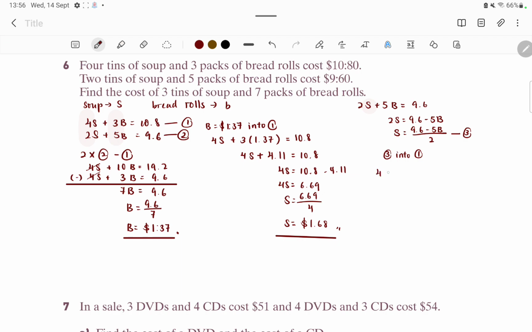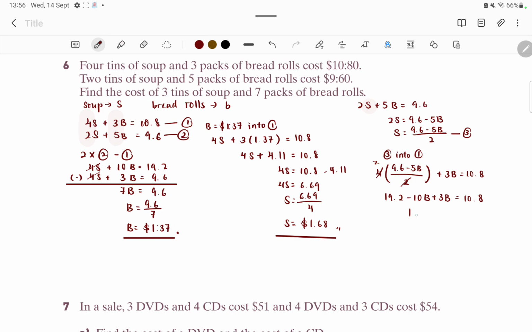After that, substitute this into the first equation. So (9.6 minus 5b) over 2 plus 3b equals 10.8, and then cut this 2, so 9.6 times 2, you should get 19.2, and then minus 10b plus 3b equals 10.8.